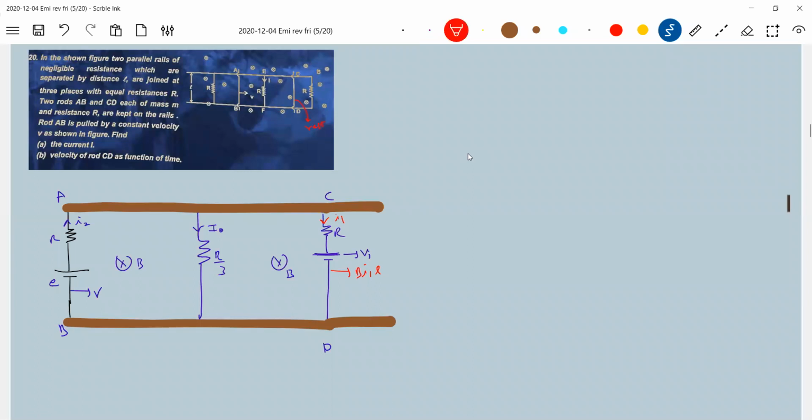If you can make up things, it'll be easy for you now. Why should the rod CD move towards the right? Because of force BI1L, and it will accelerate. Let the EMF induced across the rod be E1. This is the basic setup. If a student can bring it here, he can manage the later part.